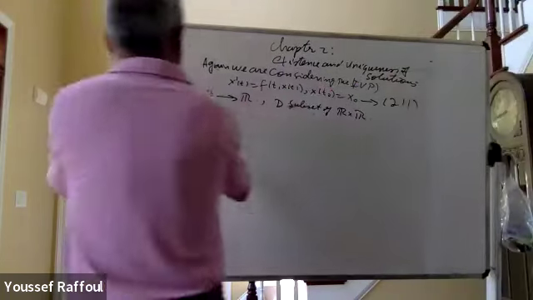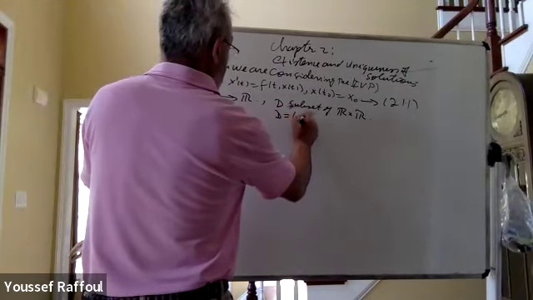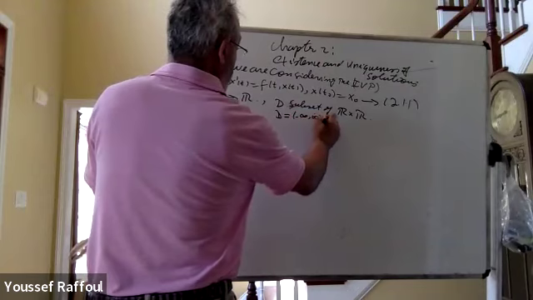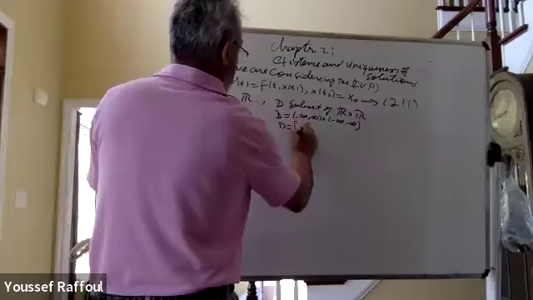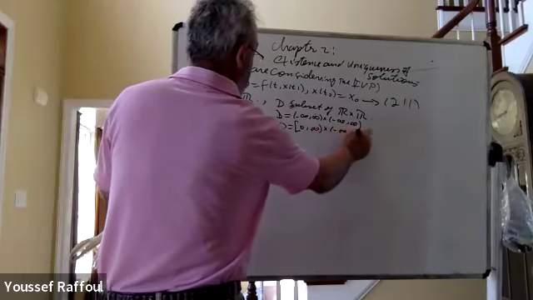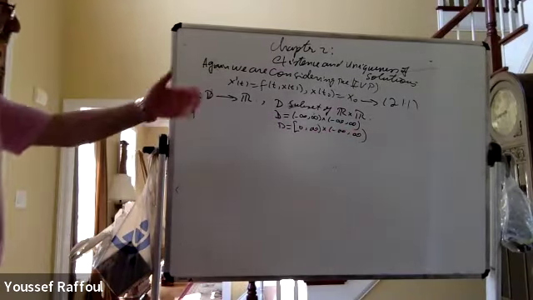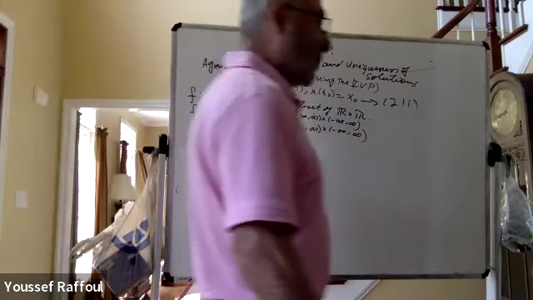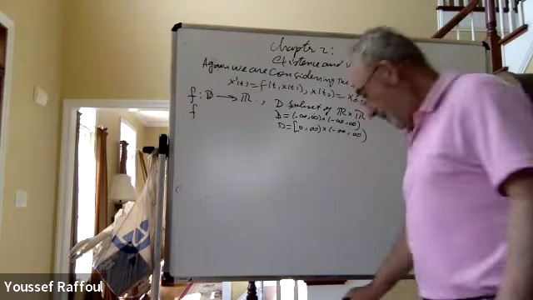D could be minus infinity to infinity cross minus infinity to infinity. D could be 0 to infinity cross minus infinity to infinity, and so forth. You see what I mean? So these are different types of subsets D of R cross R.